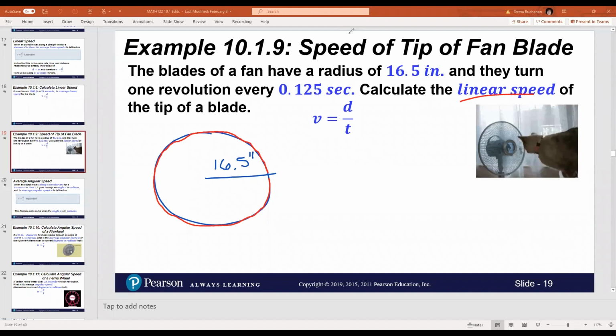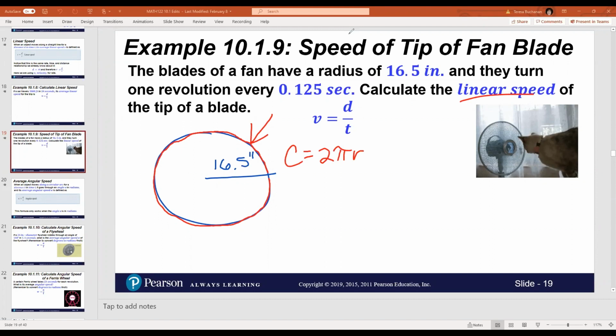The circle is just a line that's bent, right? So how would I think about the length of that red line? What is the length of that red line? Well, it's the circumference of the circle. It's 2 pi r.